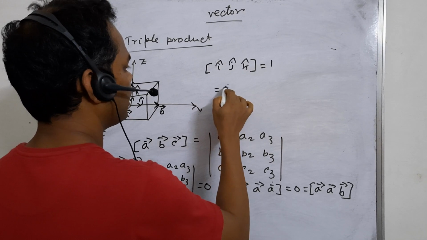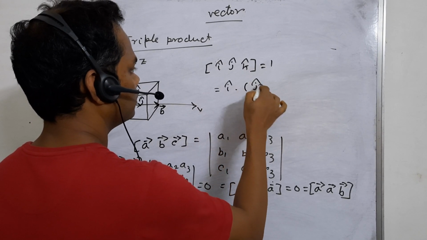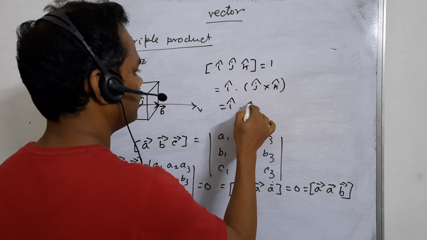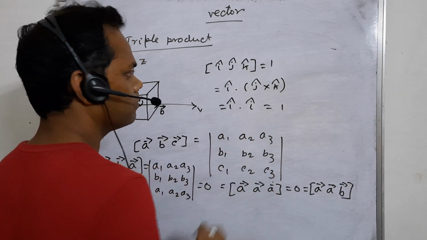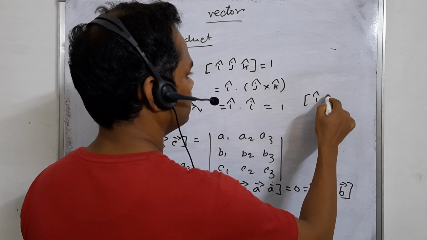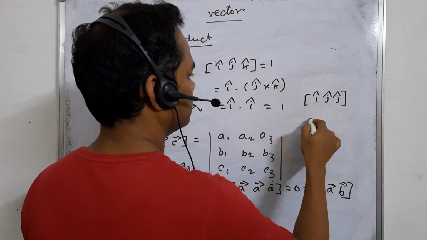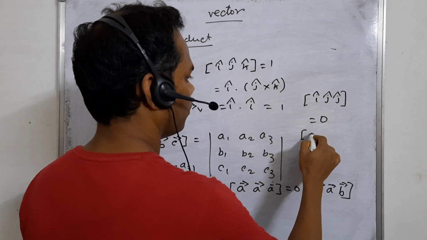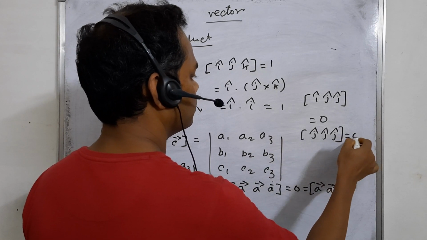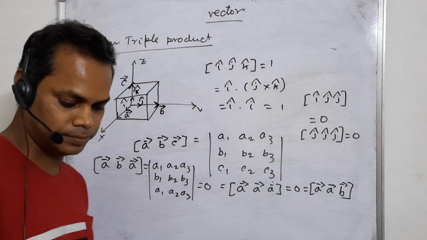Because this is i dot j cross k, and j cross k is i, so i dot i is 1. If it is i, j, j, then this becomes 0, or j, j, j, this also becomes 0.